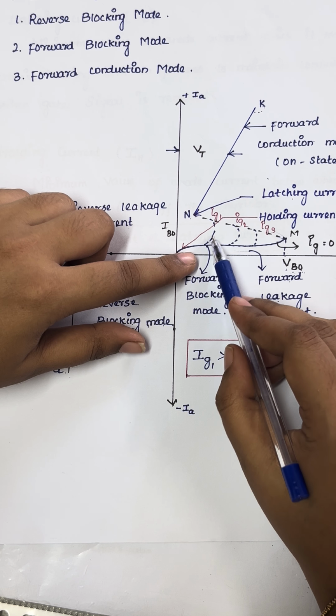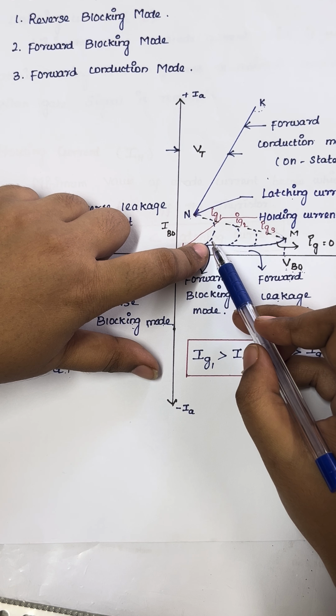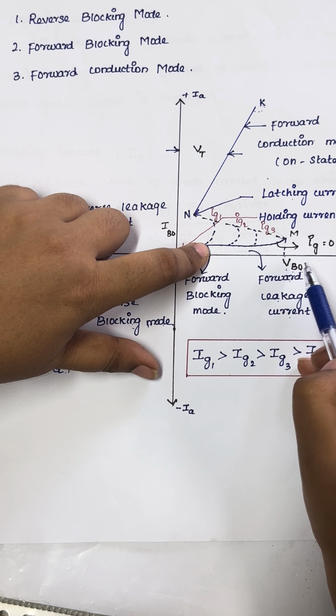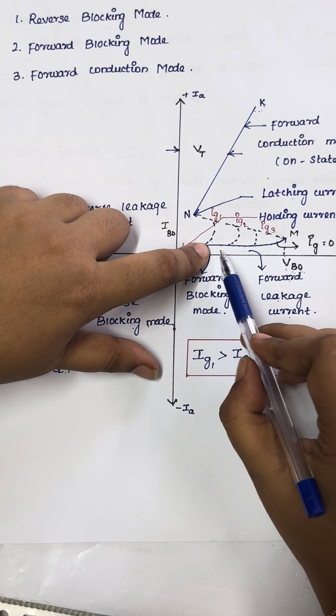If you change the magnitude of the gate supply, the breakover voltage will decrease.